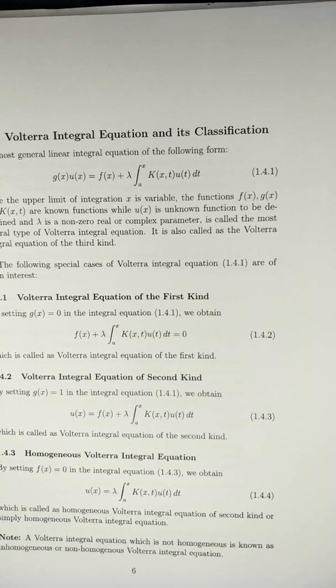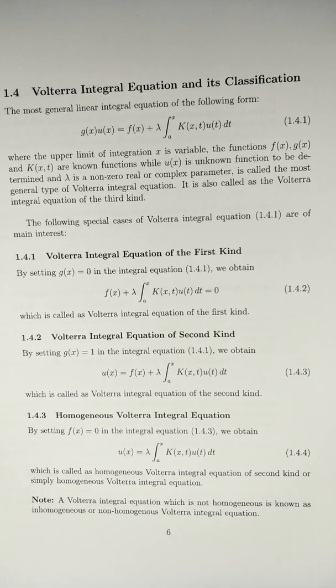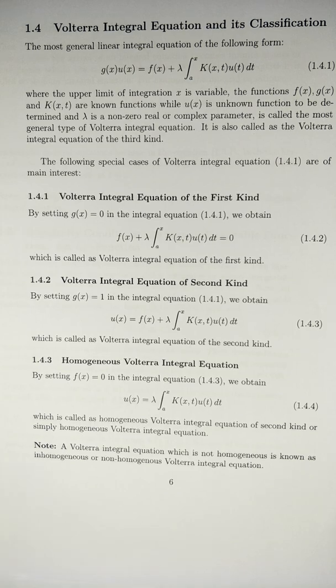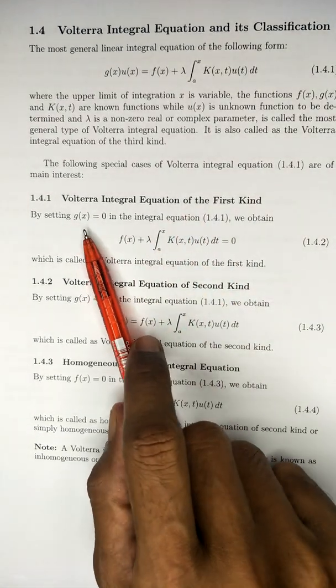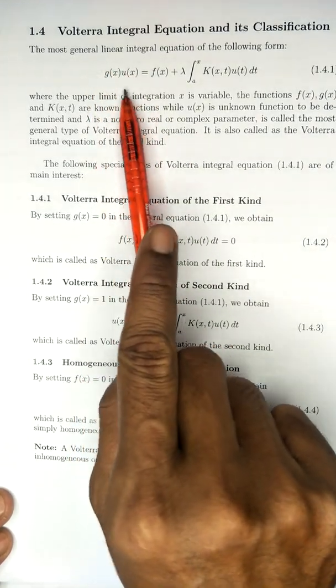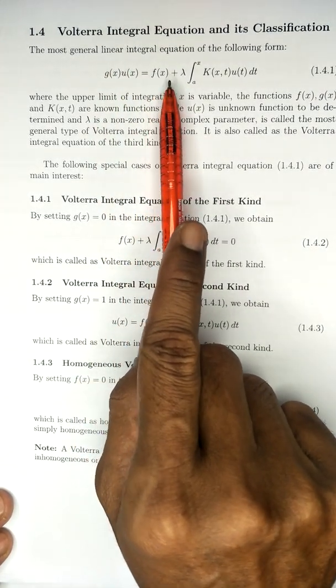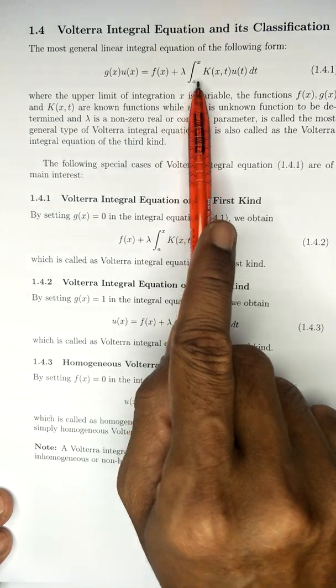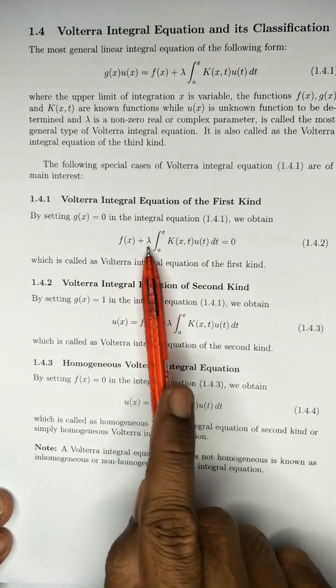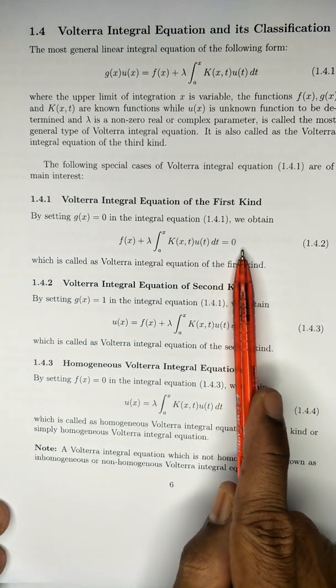Then again, if you follow the same procedure as in the Fredholm integral equation, if we set g is 0, we have f(x) plus lambda times the integral equal to 0. This we call a Volterra integral equation of the first kind.